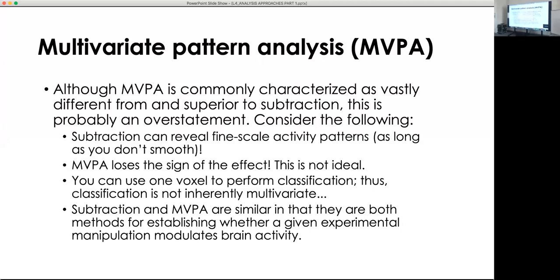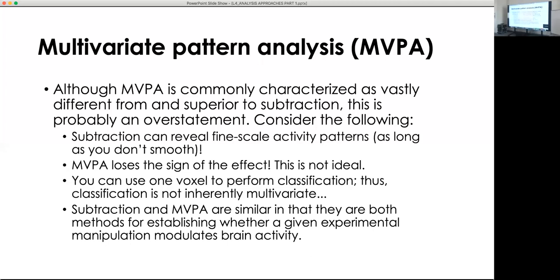But with subtraction, if there's fine scale activity and you don't just have a blob of positive activity, then in order to do something across the group, you're going to have to smooth, or somehow summarize that fine grain activity.